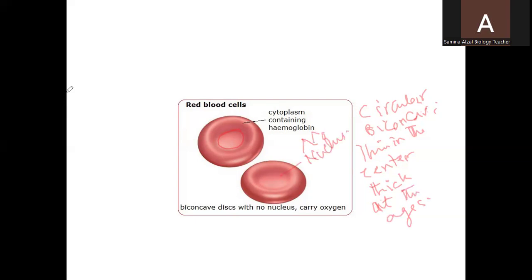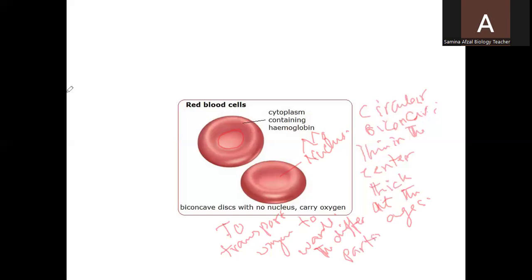Their function is to transport oxygen towards the different parts of the body.